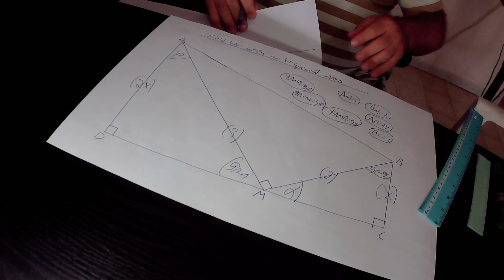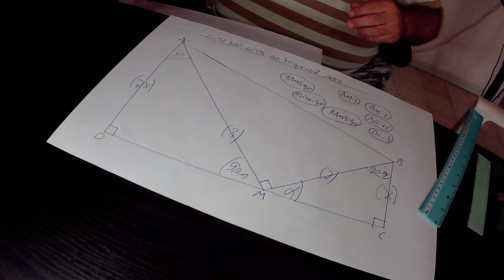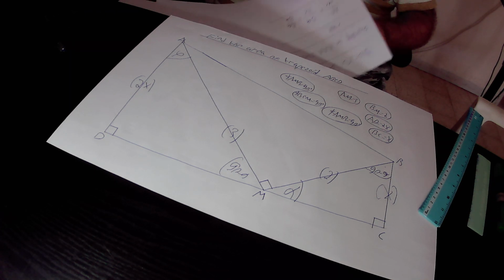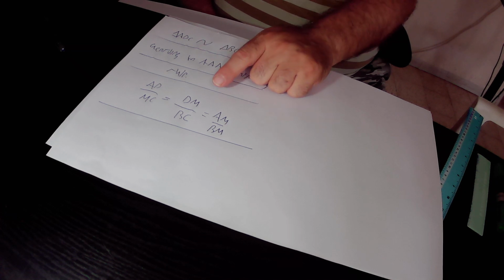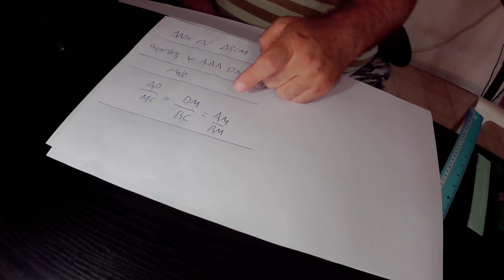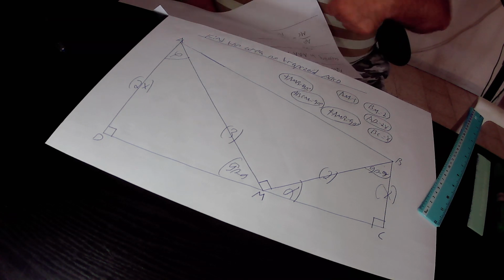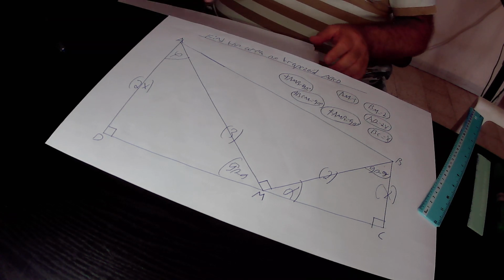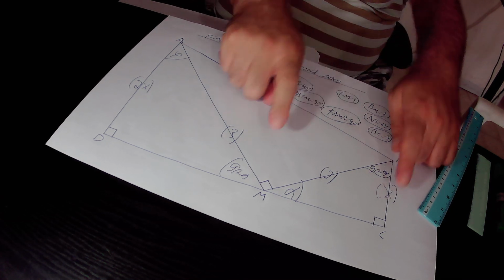So to repeat, from the fact that those two right triangles are similar to each other, the following relationship exists between their sides: AD over MC equals DM over BC equals AM over BM. AD equals 2x, over MC.